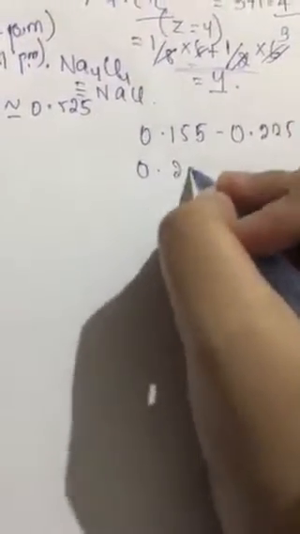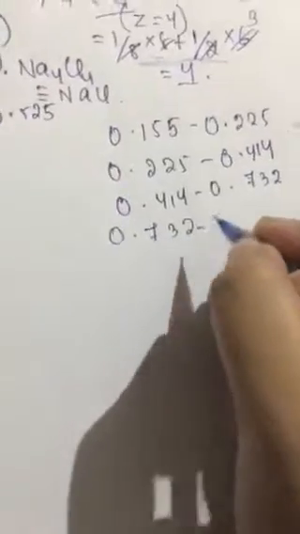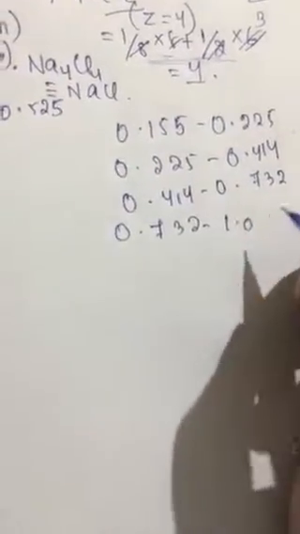The table was 0.155 to 0.225, then 0.225 to 0.414, 0.414 to 0.732, then 0.732 to 1.0.